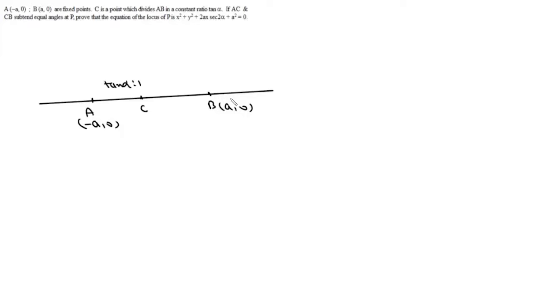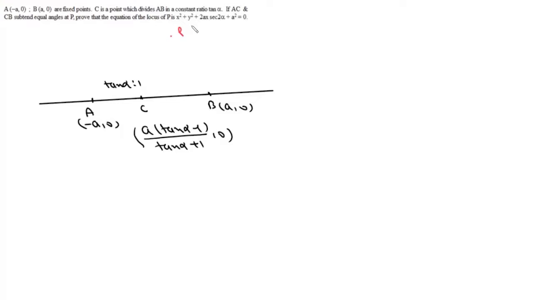Now the coordinate of this point C will be (mx2 + nx1)/(m + n). So it will be ((a tan alpha - a)/(tan alpha + 1), 0).